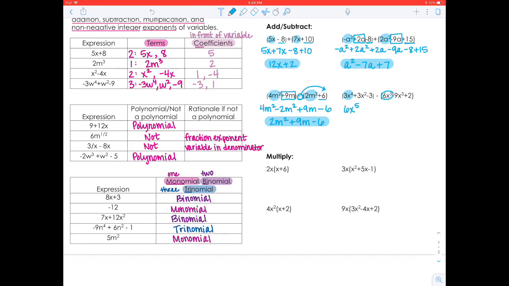So actually that's going to be a negative 6x to the 5th because of that minus that goes with it there. Then I'm going to add that 3x to the 4th power that we have. Next I see a negative 9x to the 3rd, and I don't see any other x to the 3rd powers.